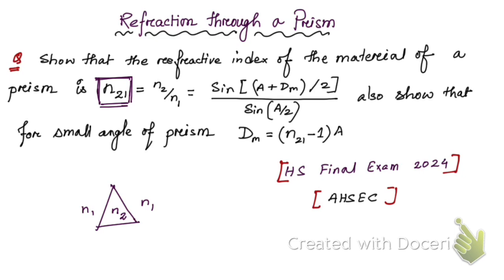It may be air or it may be water. That is the refractive index of the medium surrounding the prism. That's why it is actually a relative refractive index. I hope you have understood this.